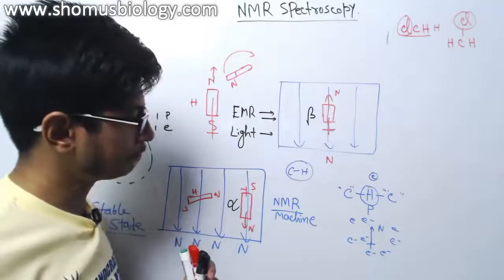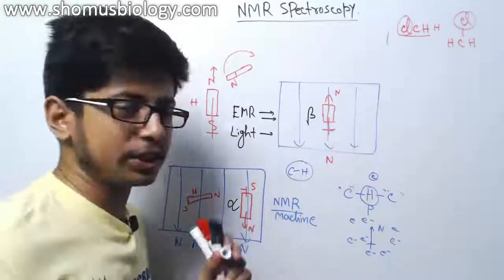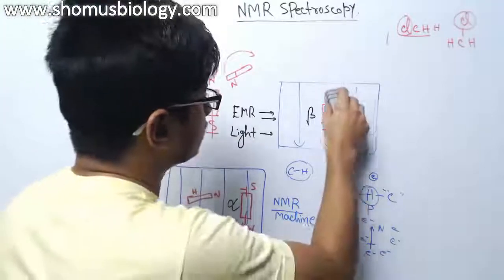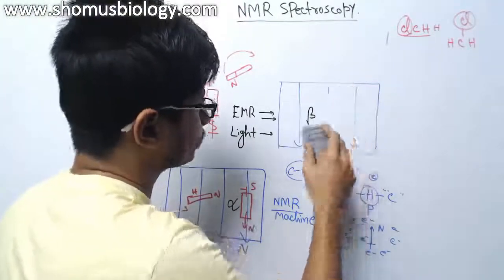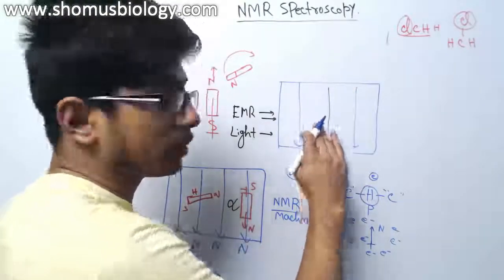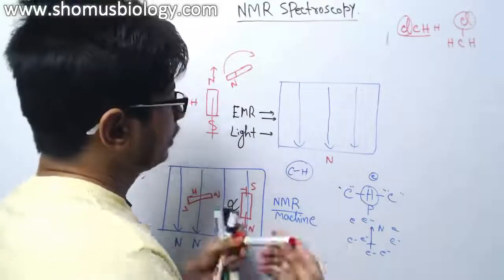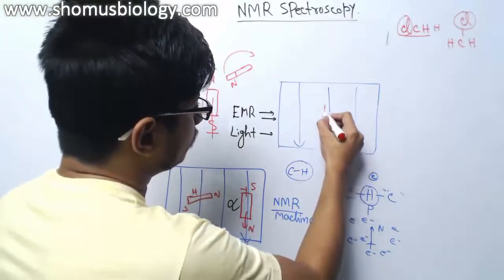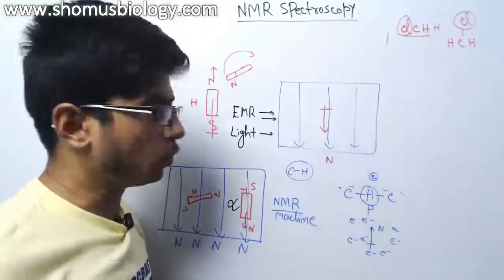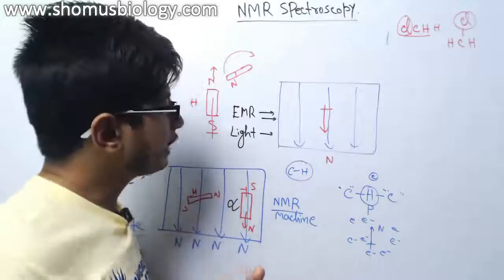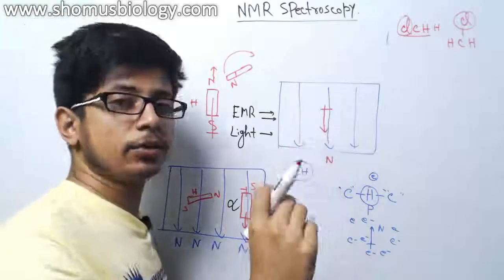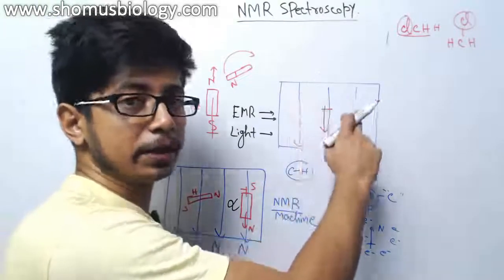Let's look at it. The idea about the spinning and shielding, again I have to draw that. Let's say this is the same scenario that we are talking about. This is the direction of the magnetic field in the NMR machine, and this is our proton. This is a hydrogen that we are talking about. It is in the alpha spin mode. Now I told you that sometimes we want this magnet, this hydrogen, to be completely reversed to the beta state.